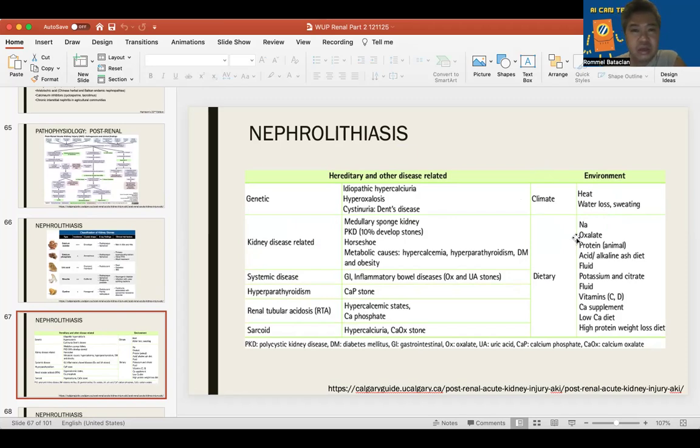And most of these kidney stones grow in an acidic environment or an acidic pH. They're also kidney disease related, like medullary sponge kidney, polycystic kidney disease, the horseshoe kidney, and other metabolic disorders as well.